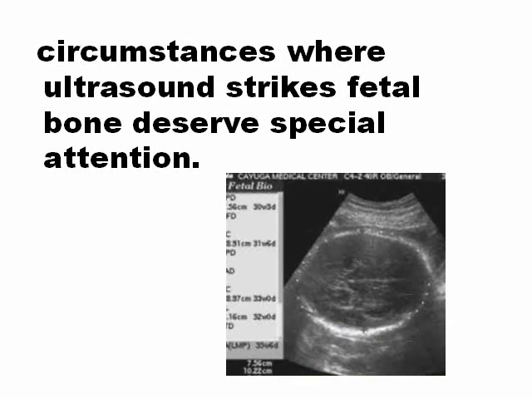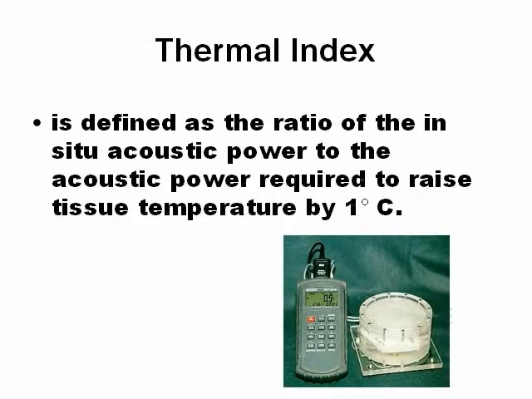And of course it's logical to suppose that structures that absorb heat, like the bone of the cranium, are more prone to produce elevated temperatures. Something was developed that is called the thermal index.